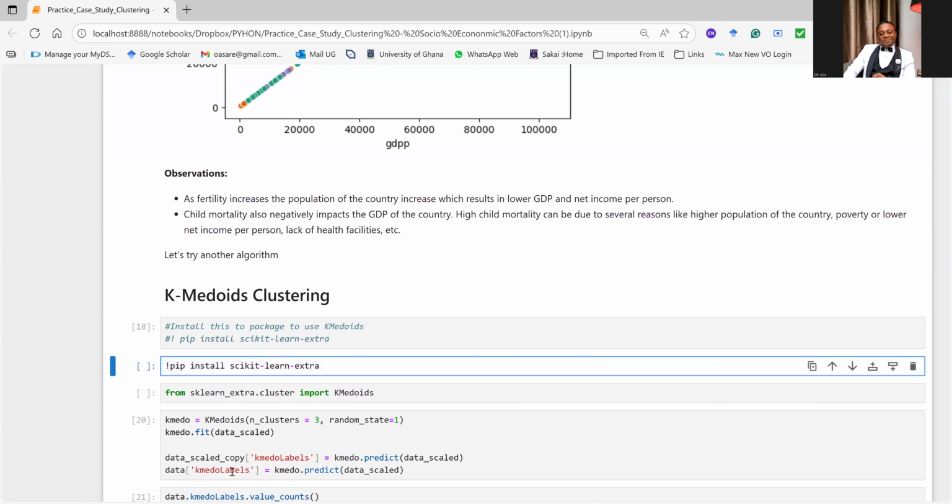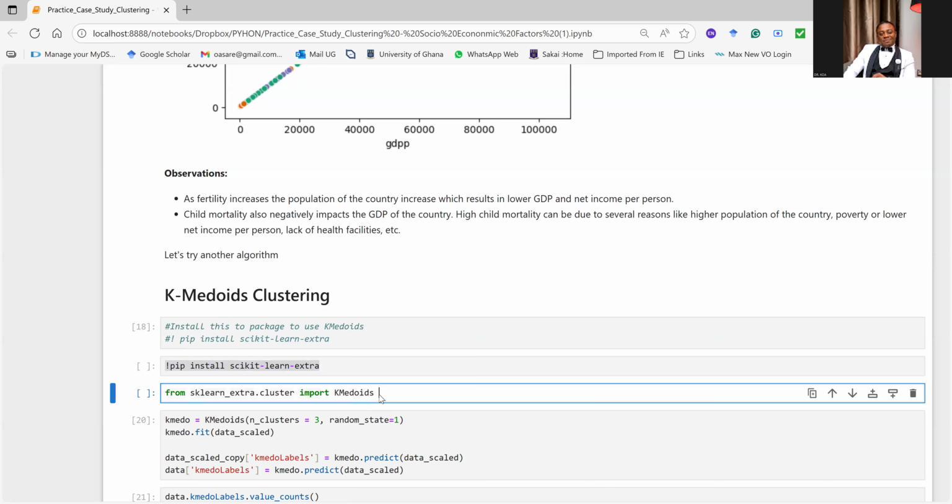I tried that and mine didn't really work. If any of yours work, let me know. After you've installed it using this command, you will then load this library, because inside scikit-learn-extra is the K-medoids library.